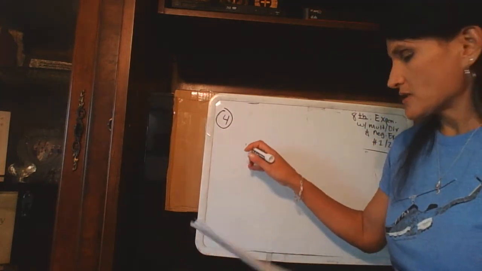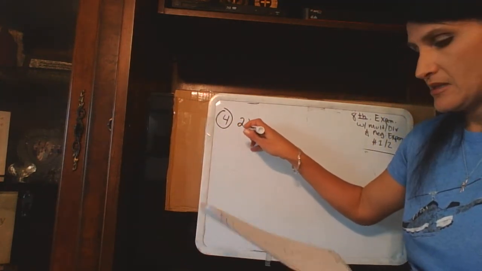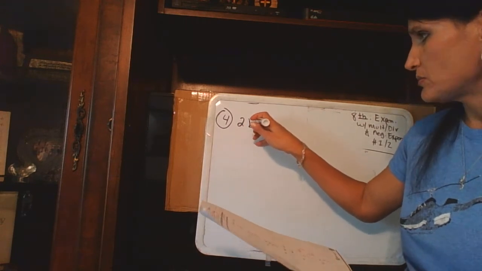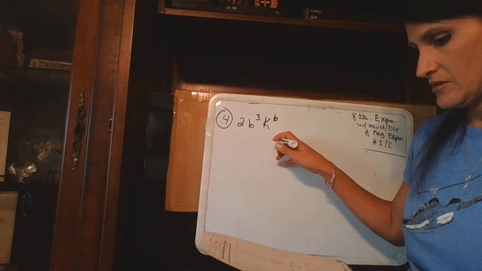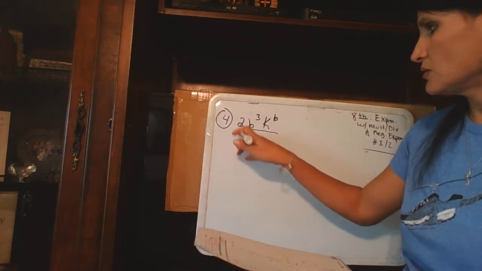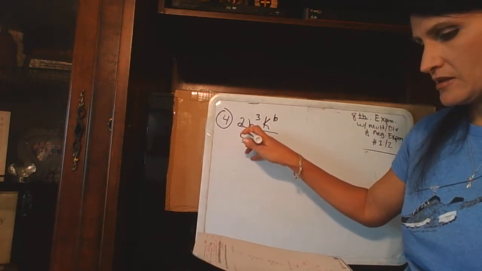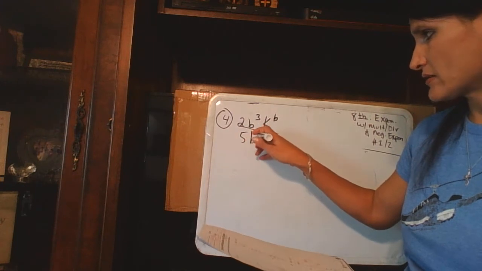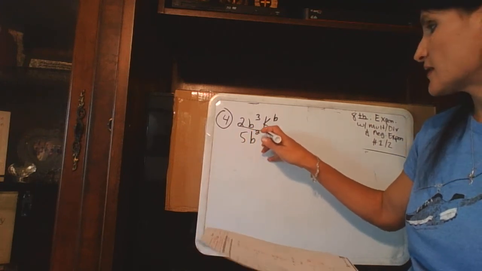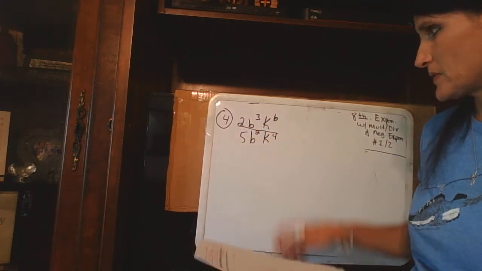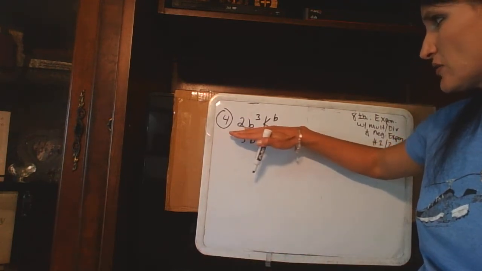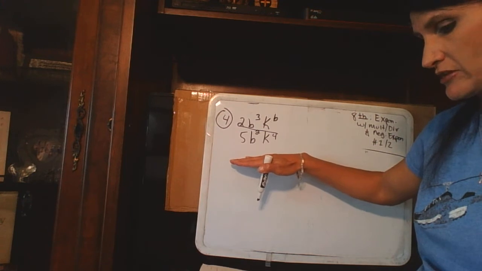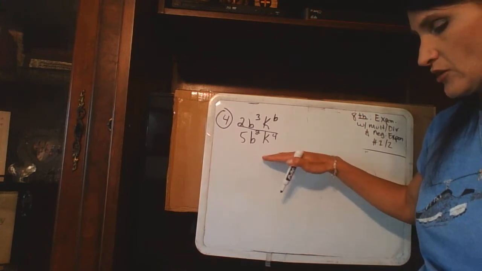Example 4 says 2b to the 3rd power, k to the 6th power, all over 5b squared, k to the 4th power. Okay, so let's absorb that for a minute. My numerator is 2b to the 3rd, k to the 6th. My denominator is 5b squared, k to the 4th.